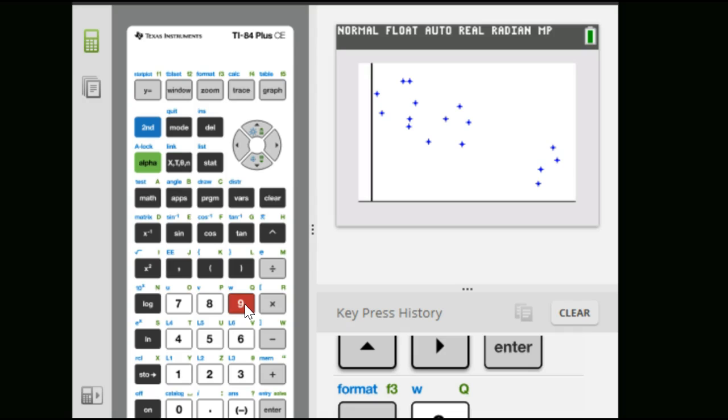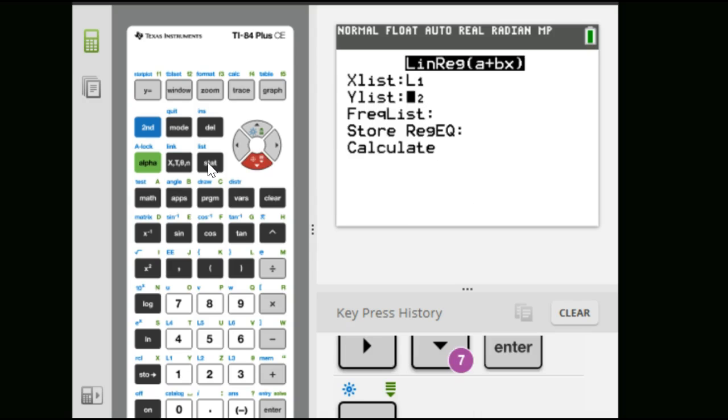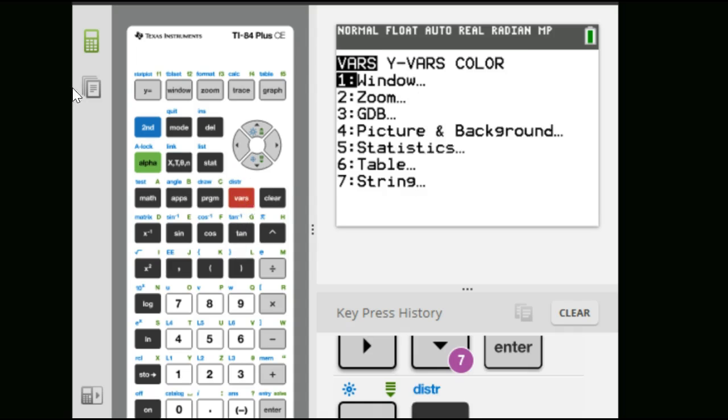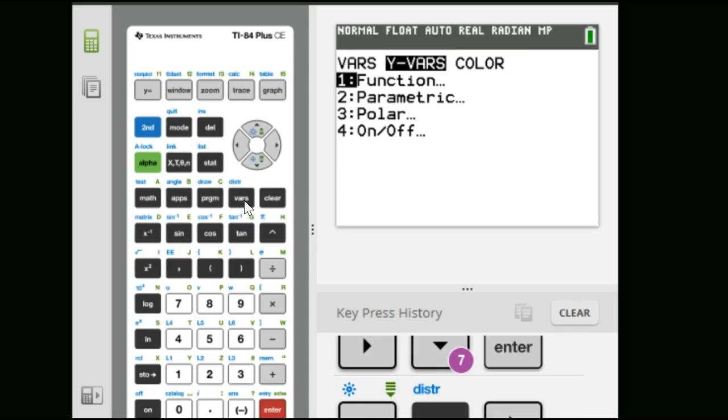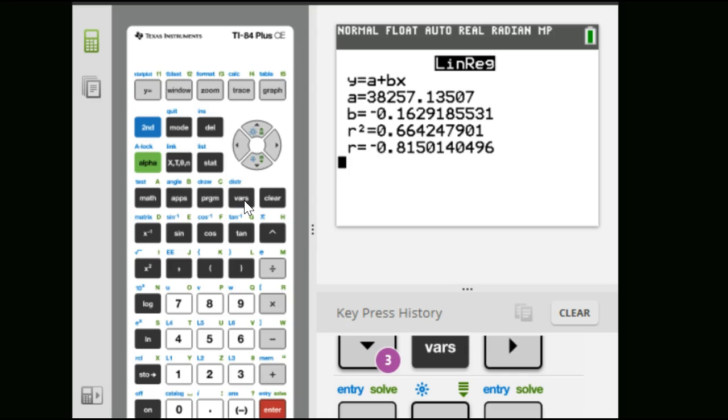To get to normalcy, I want to create a residual plot. In order to do that, I want to run the linear regression. So I'm going to go to Calc, look down to number 8. I'm going to use L1 and L2. We'll store the regression equation in Y Vars, Y1, and calculate that.